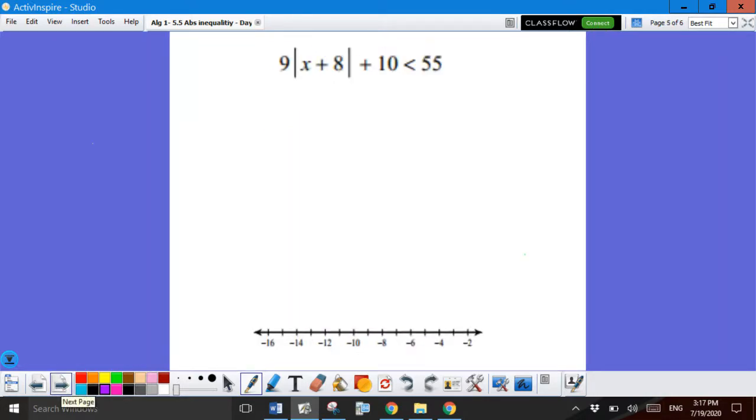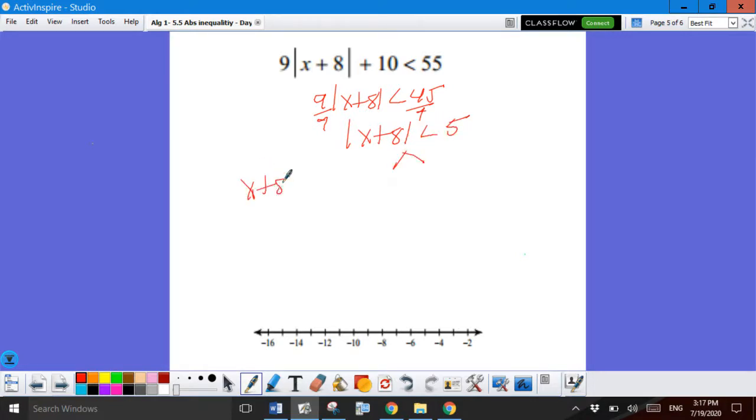All right, now what do you think we should do with this one? If you're thinking isolate, you are correct. So the first thing I have to do is move the 10. So 9 times x plus 8, that's going to give me 45. Then if I divide by 9, I have x plus 8 and a 5, and it's ready to split.